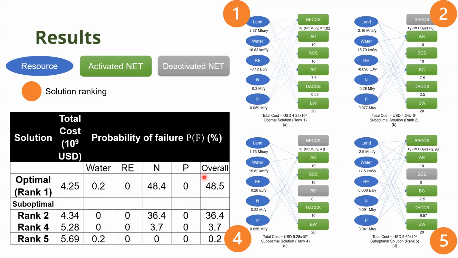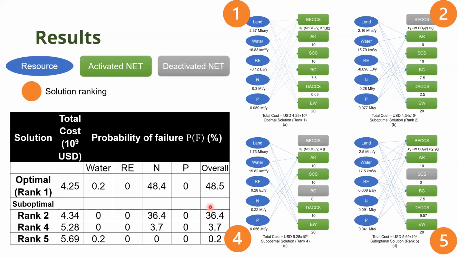Looking at the probability of failure, the optimal solution has the highest overall probability of failure at 48.5%, while the probability of failure for the rest of the solutions decrease. And we can see that the probability of failure is mostly attributed to nitrogen.